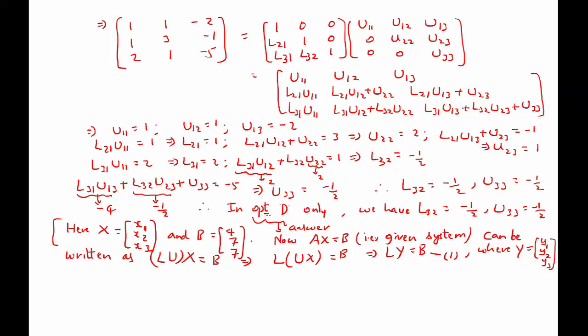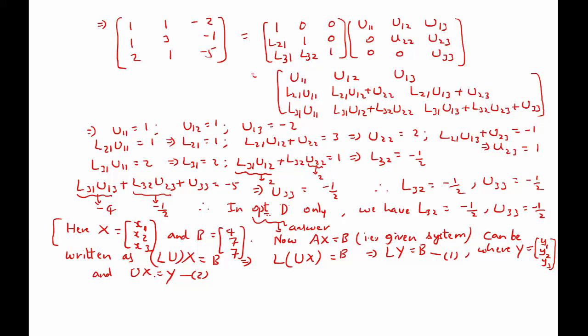So this L is a lower triangular matrix. You will be getting a lower triangular system of equations. From this, converting to equations, you will be getting Y1, Y2, Y3. And U into X is equal to Y. Let us say this is equation 2, where Y is a column matrix.